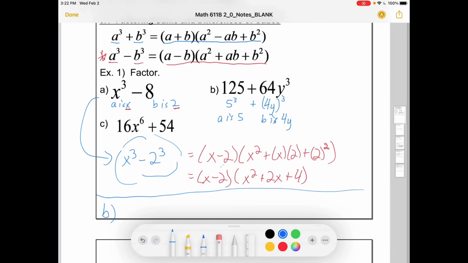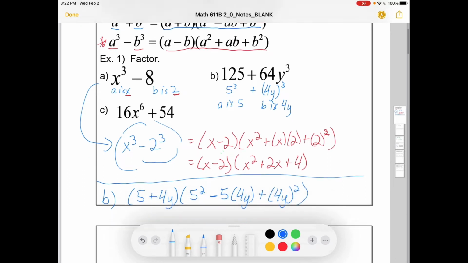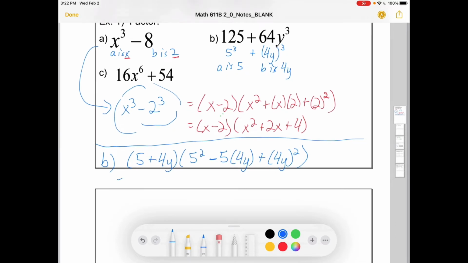It's a plus b, so that would be 5 plus 4y, times a squared, so that's 5 squared, minus, in this case, a times b, plus b squared. Remember, whenever we sub anything in, it's really going in brackets. So we'd get 5 plus 4y times 25 minus 20y plus 16y squared.